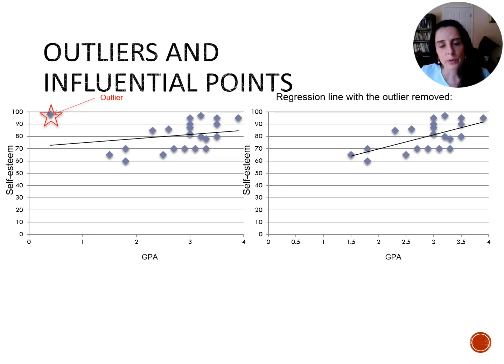In our example, we have an outlier who has an extremely low GPA and a very high self-esteem score. We can see in the graph on the right that when this outlier is removed, the slope of the regression line is higher and the line fits the data much better. Most of the data points are close to the line and therefore residuals are smaller.